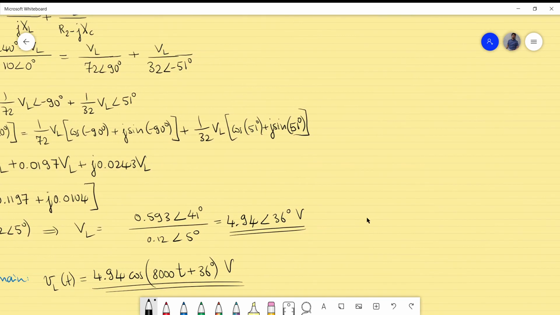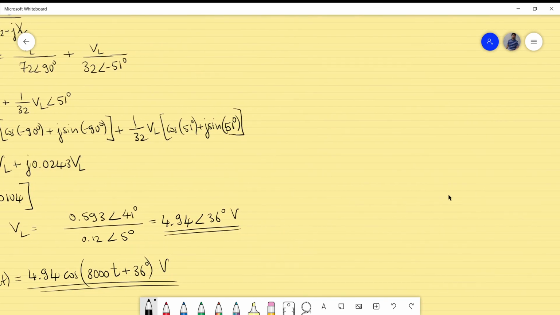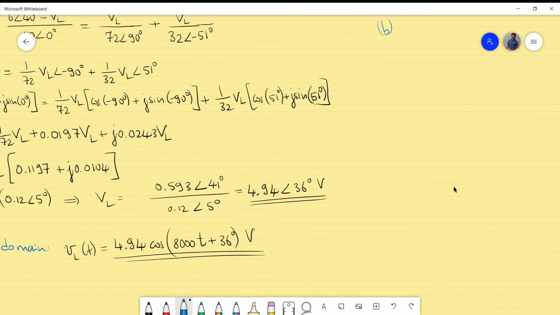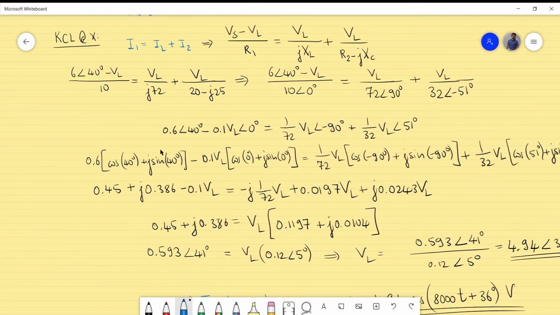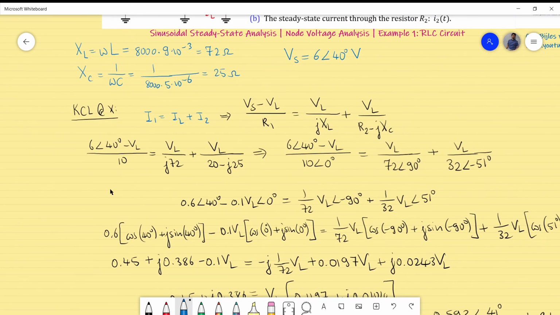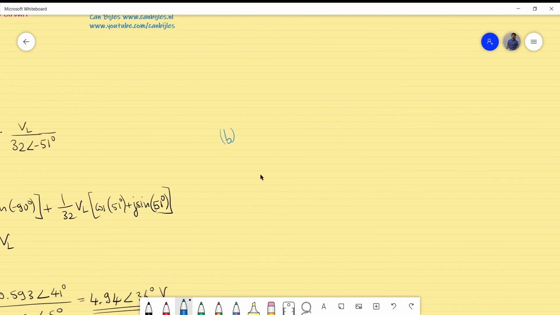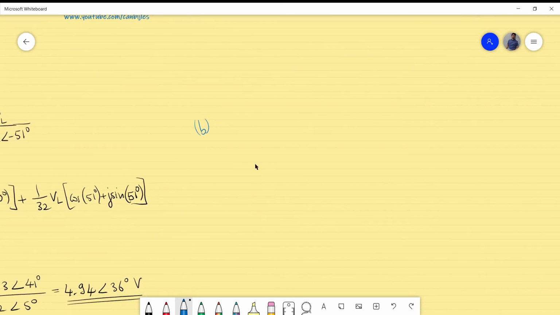And I will use the phasor, the polar expression, for that. So I will move a little bit to the right and move to question B. So this was question A, the whole business here, let me make it clear, this was A. And now we will move to question B, which is determining the current. So I of 2 is the total voltage at that point X, which is VL, divided by the total impedance seen at that point, which is R2 minus jXC.